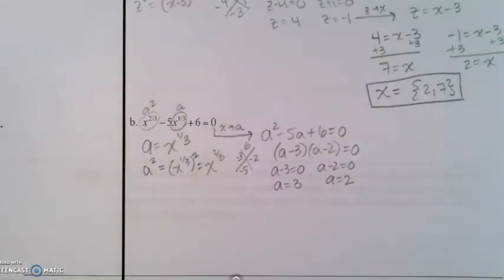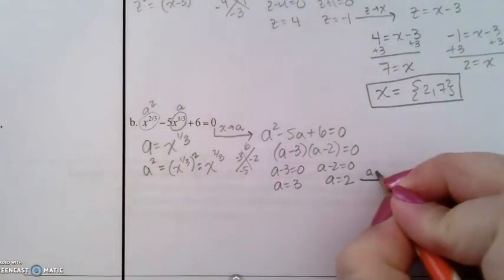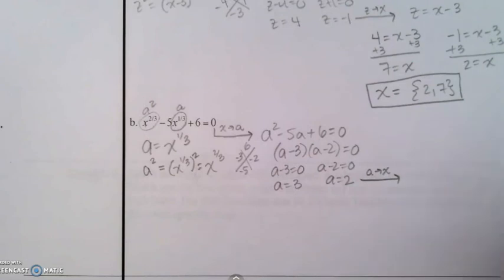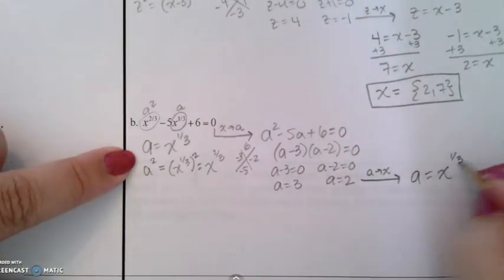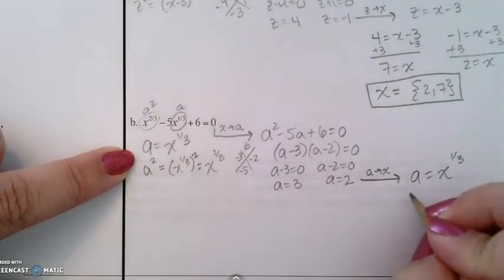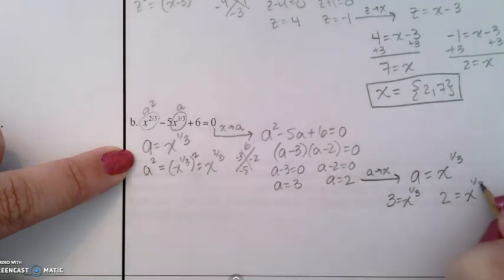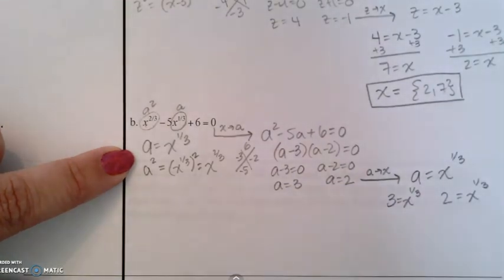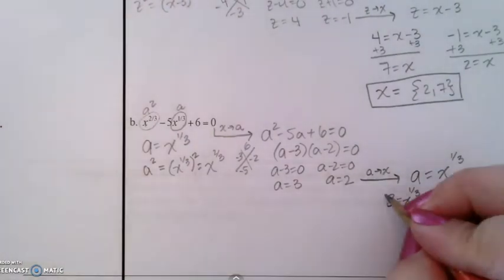And then we have to substitute back in because the question isn't asking for a, it's asking for x. So we go back from a to x. And we had that a is x to the 1/3. So we have 3 equals x to the 1/3 and 2 equals x to the 1/3. Now we have to use the power rule, which means we will need to check our answers.